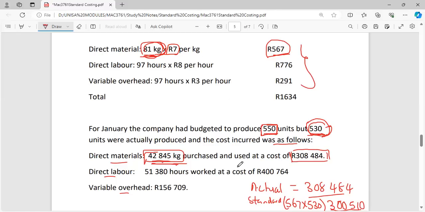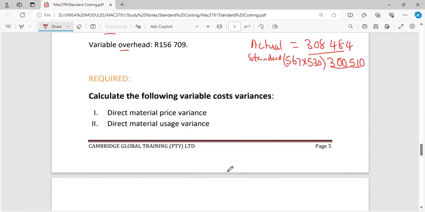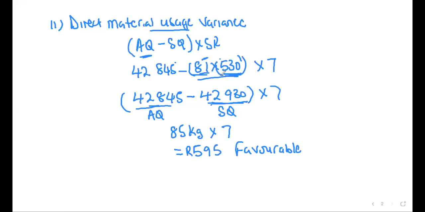Then that's where your variance is going to come from, right? So always take note of actual quantity here, but you are using the standard material that was supposed to go into it. So the variance is going to be determined through actual quantities that were produced here.